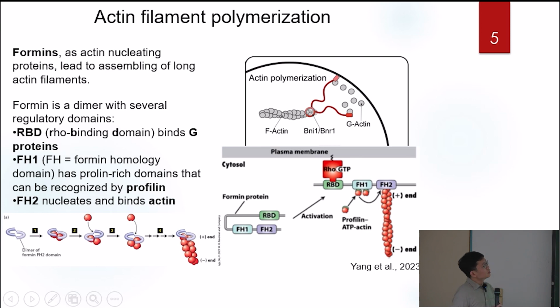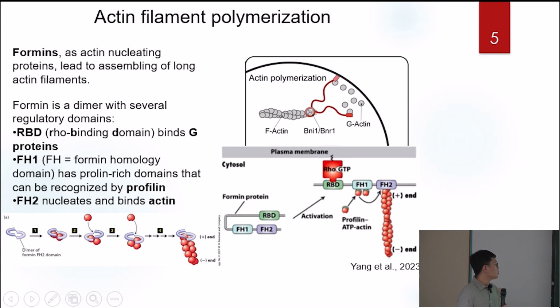So how does the actin filament polymerize? It requires a nucleating protein called formin. Formin forms a dimer, and it has several important domains. The first one is the Rho binding domain, which can bind the Rho GTP protein.